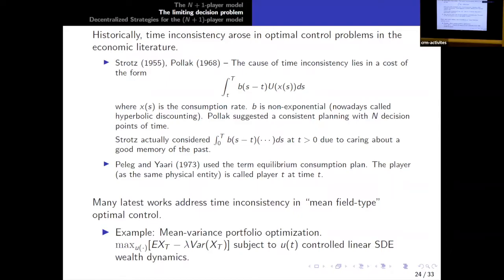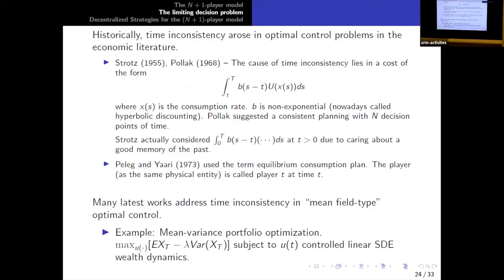Okay, this is what you need to do. Then on Tuesday, you replan again, and you get a different plan, which is different from the restriction of the old plan. So that means what you have figured out on Monday is useless on Tuesday. Okay. So this is the basic idea of time inconsistency.